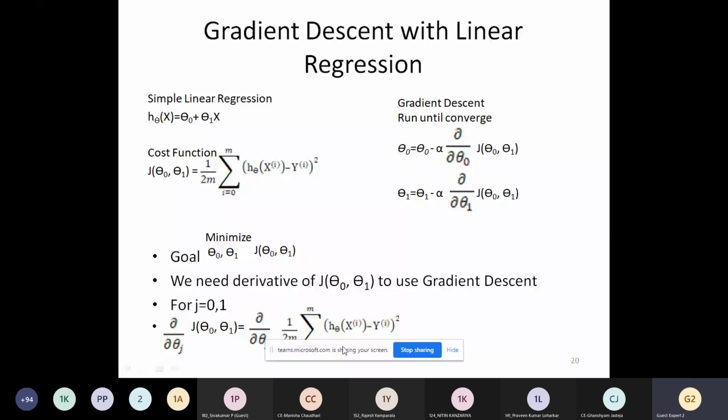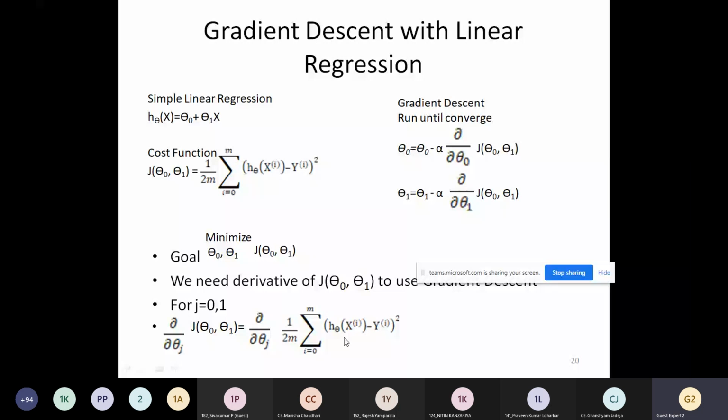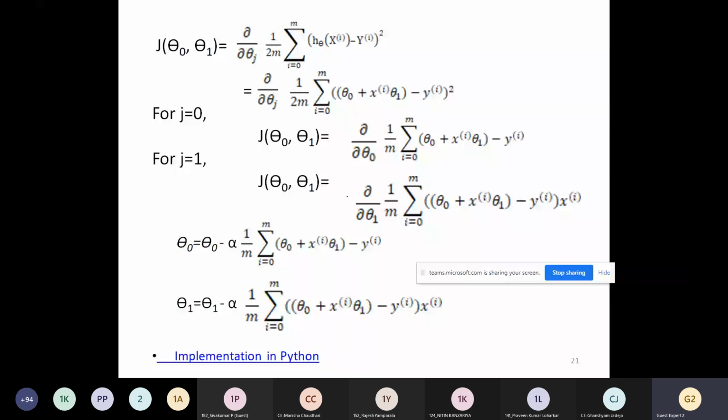So that is nothing but the derivative of 1 upon 2m sigma (h(x) minus y_i) square. If we take the derivative of this equation with respect to theta 0 and theta 1, we get this equation.